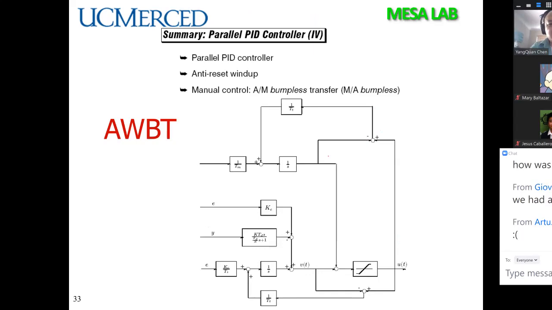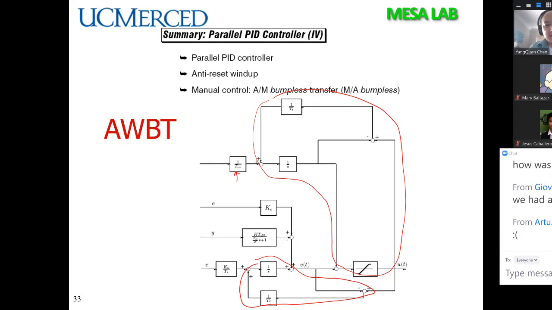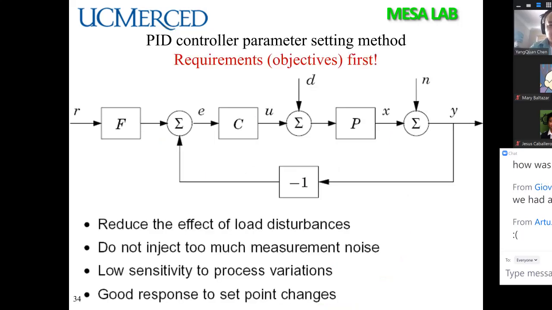You have such integration saturation. This is the same anti-windup as the bottom one, the same as here in the manual mode. This is the manual mode time constant in here, okay? So that's AWBT.